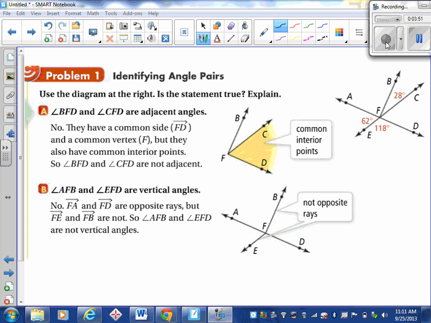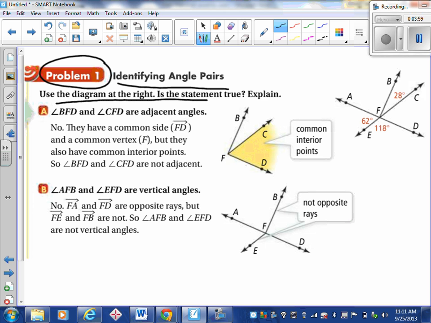Okay, we're taking a look at problem number 1, identifying angle pairs. They're asking you, use the diagram at the right. Is this statement true? Go ahead and write down A: angle BFD and CFD are adjacent angles. Go ahead and write down that picture.